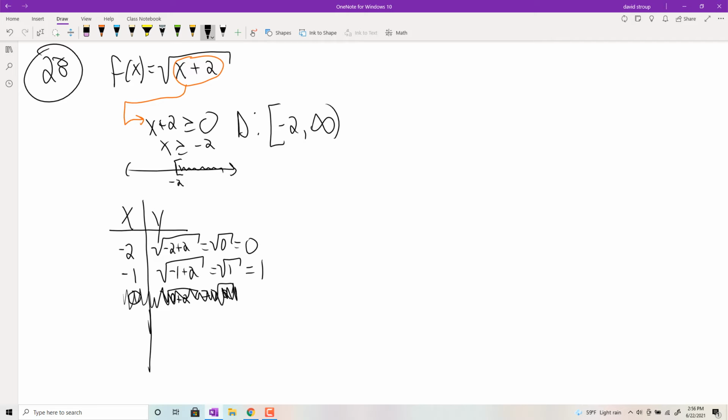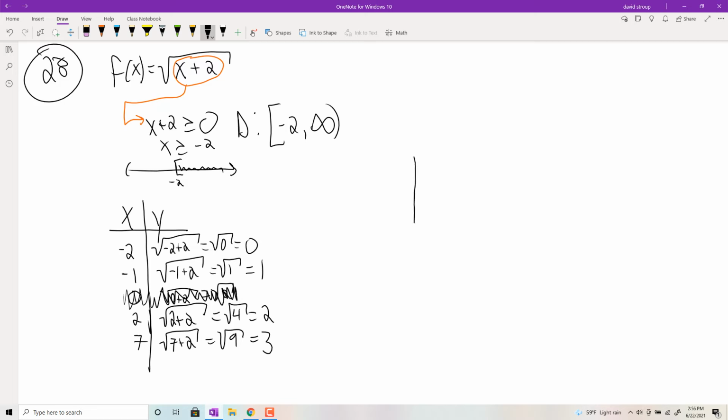If you pick positive 2, it'll work, because you'll end up with the square root of 4, and you know the square root of 4 is just 2. So get a couple of points, maybe one more. We'll try 7, because that will give me the square root of 9. And we should have enough to do an okay plot.